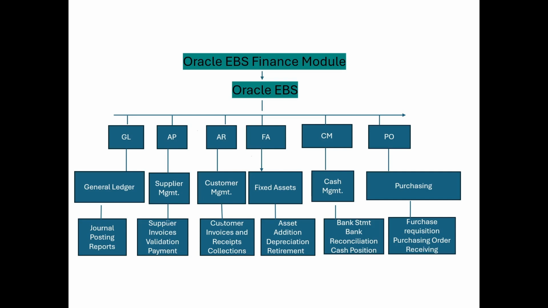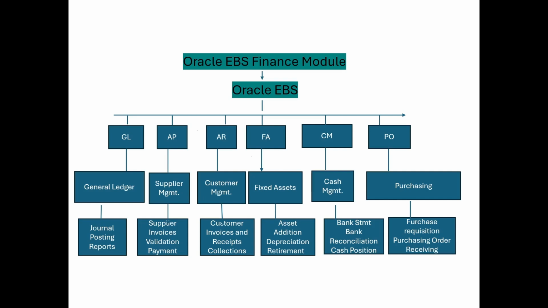Now that we have understood how assets are managed, let's move on to Cash Management. Cash Management is where businesses reconcile their bank accounts. What is Cash Management? Cash Management helps organizations manage bank statements and reconcile bank transactions.